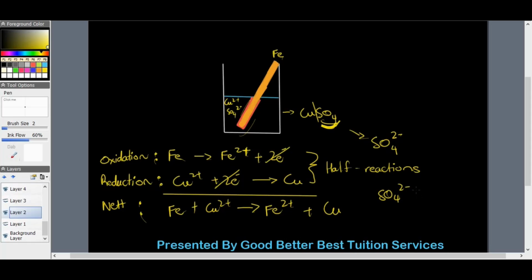There's a name for SO4 2-: it is known as a spectator ion. In other words, it doesn't partake in the redox reaction; it doesn't undergo oxidation and it doesn't undergo reduction at all. It's just watching this whole process happen. So no oxidation and no reduction reaction occurs with SO4 2-.